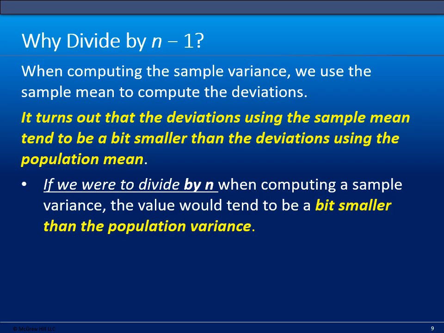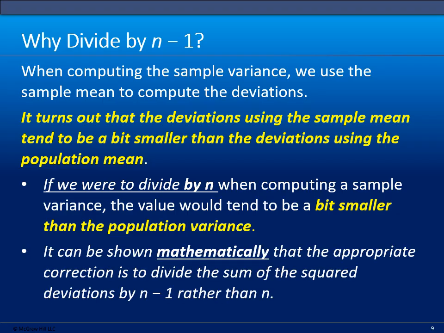That is to say, if we were to divide by n, lowercase n, when computing a sample variance, the value would tend to be a bit smaller than the population variance. And it can be shown mathematically that the appropriate correction is to divide the sum of the squared deviations by n minus 1 rather than n.